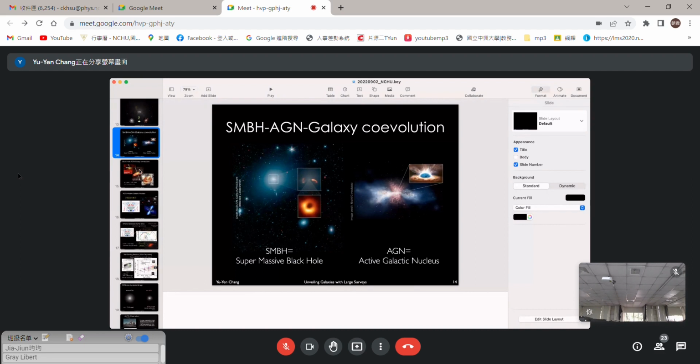In fact, it's a very difficult question. It's a good question. Today, astronomers still try to find the connection between black holes and galaxies. One thing we believe today is that in the center of every galaxy, we have a supermassive black hole.